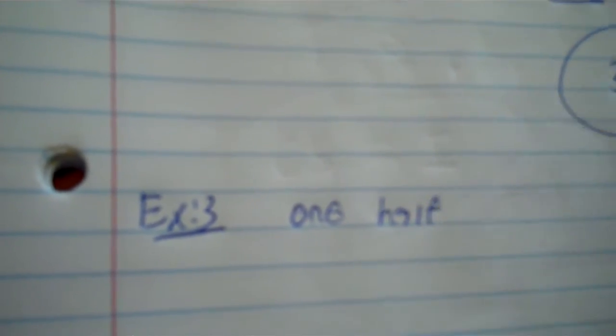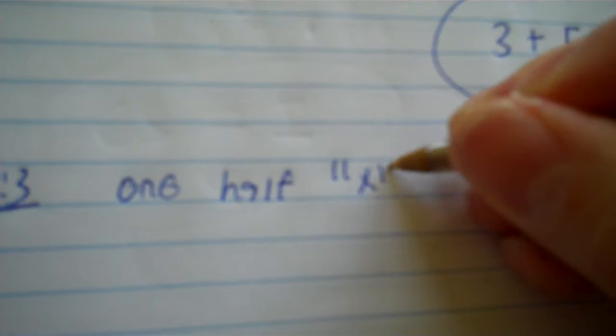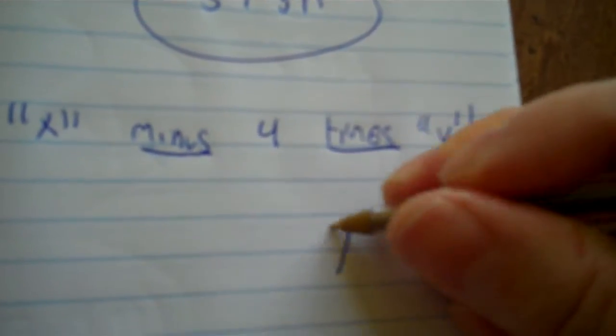Example 3. 1/2 x minus 4 times y. So you have times, minus, and that fraction also means multiplication, okay? So I put the y.